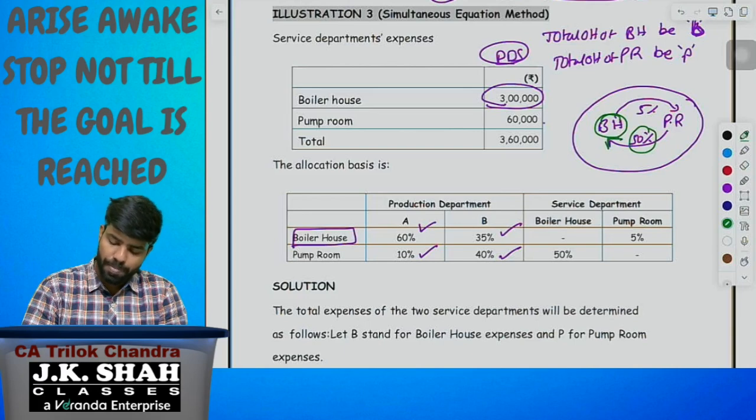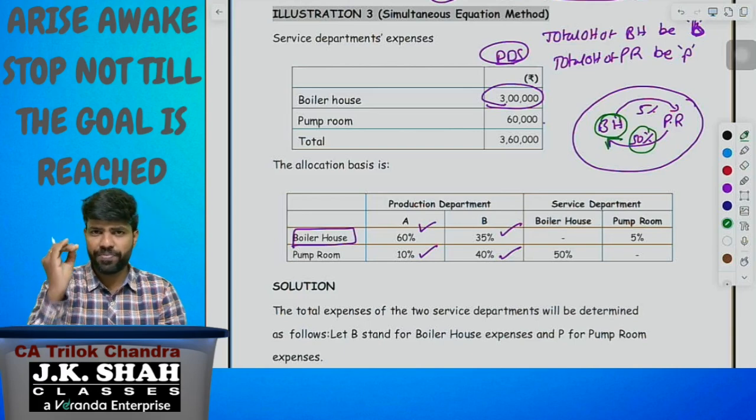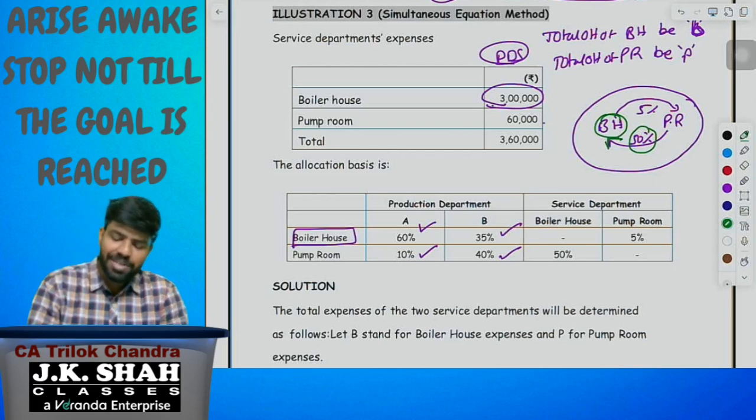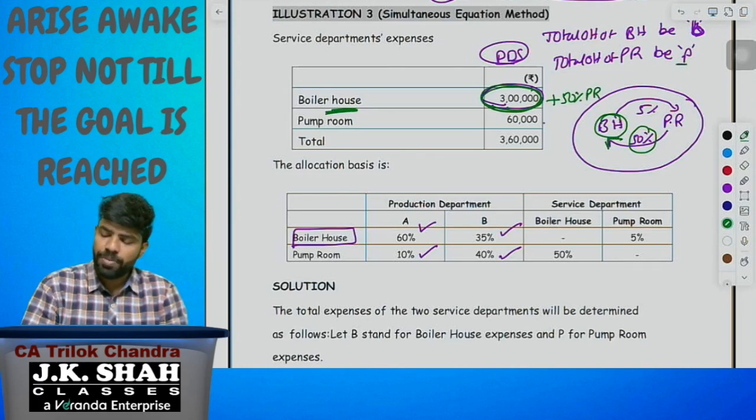That means 50% of the pump room cost should be allocated to boiler house. In addition to this 3 lakhs, we need to add 50% of the pump room cost. Pump room cost we are taking as P. So 50% of P. So I can write the first equation: boiler house B equals 3 lakhs existing cost plus 50% of pump room.